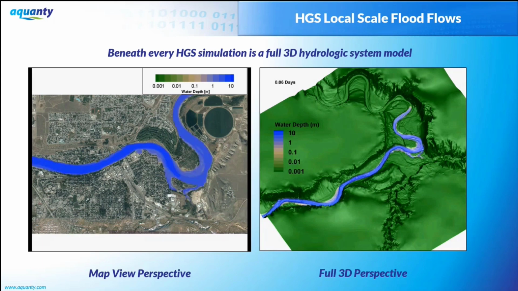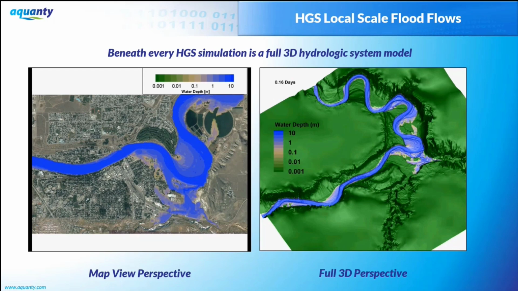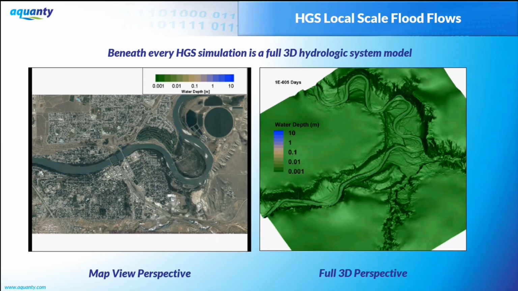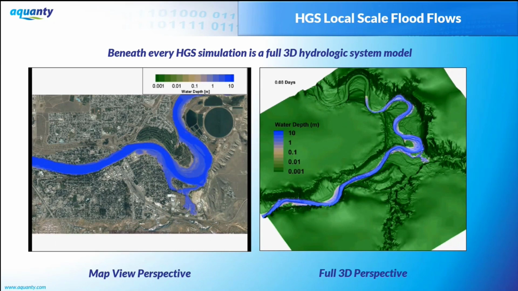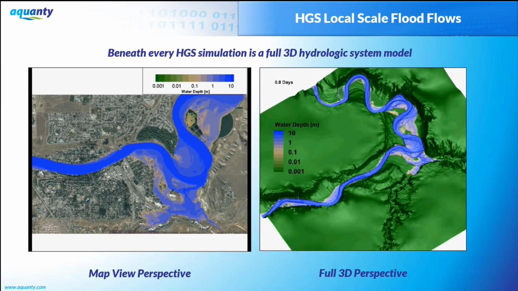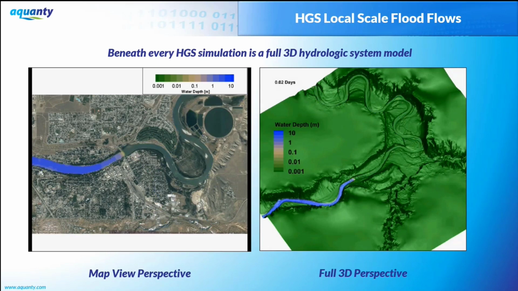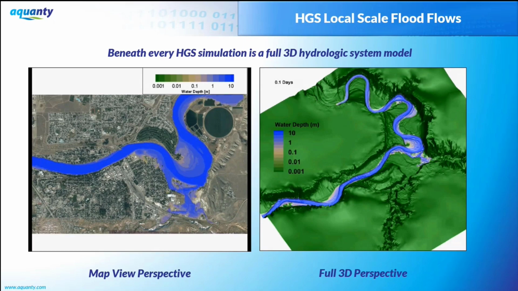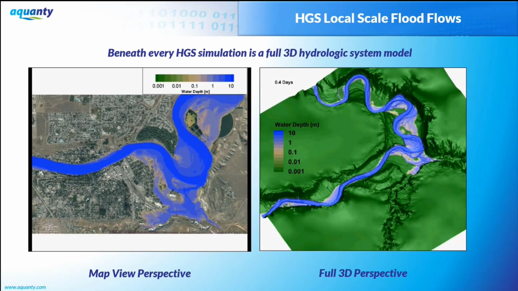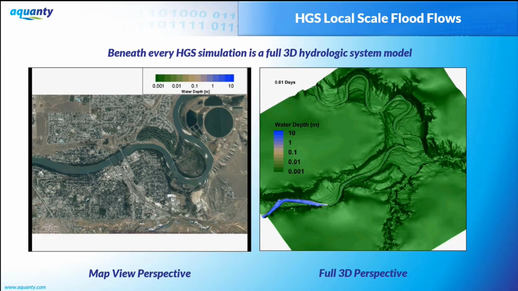This is just a little animation. There was a flood in 2013. This is Western Canada, a city. You can see on the left, sort of colorized, the flooding of the stream, and that circular region of wastewater treatment plant that was actually flooded. Then a full 3D perspective is shown in the right-hand panel.